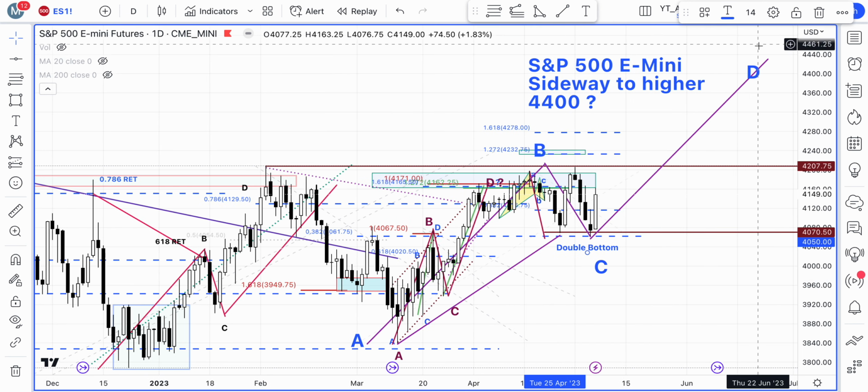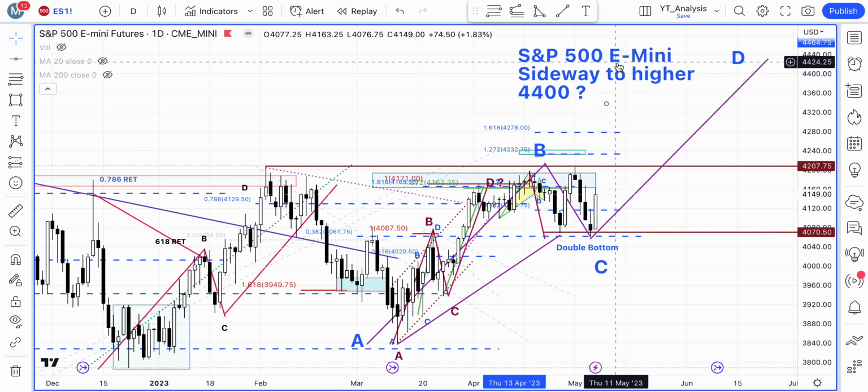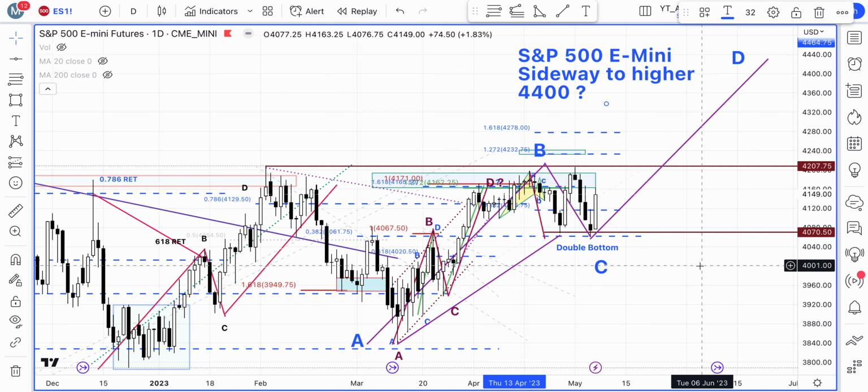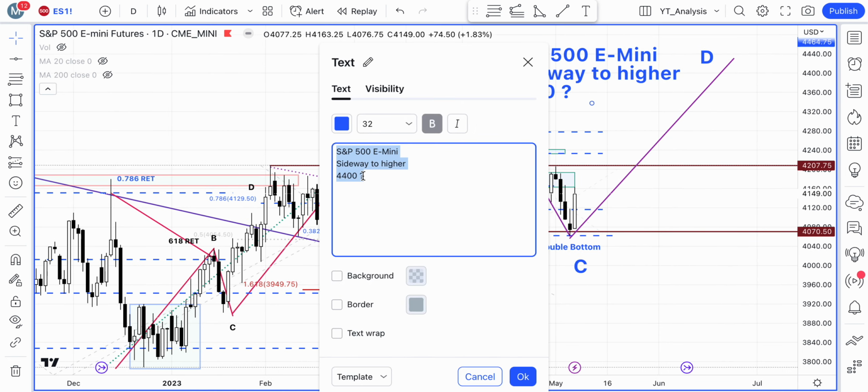So guys, this is what we are looking at, and in terms of the ABC projection, the kind of levels that we are watching for. So let me actually make it 30. Here we go.